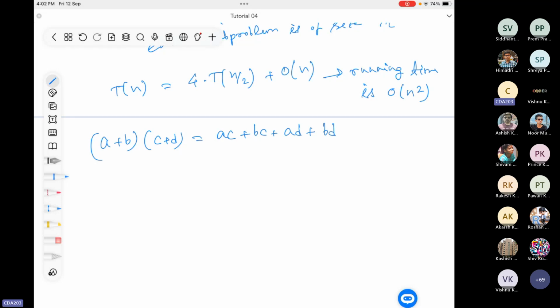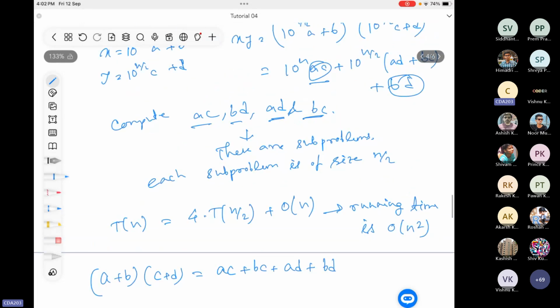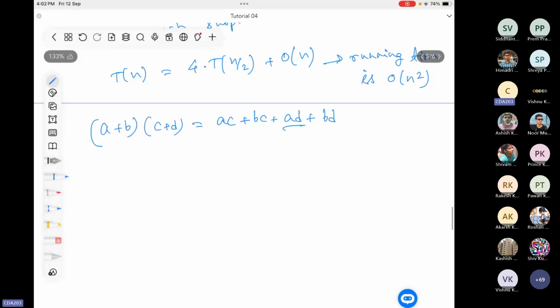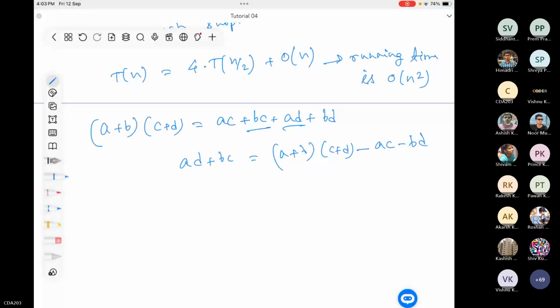Now, all we need to find is AC plus BD, AD plus BC. So this is our AD and this is our BC. So can we think of these as AD plus BC equal to A plus B, C plus D minus AC minus BD.